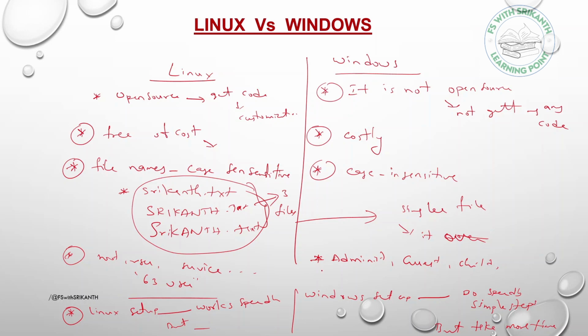One more difference is also there: Linux is fully controlled on updates. When you want to update your Linux operating system, then only you update. It never forces. The user can install updates whenever needed, and it takes very less time to do that.